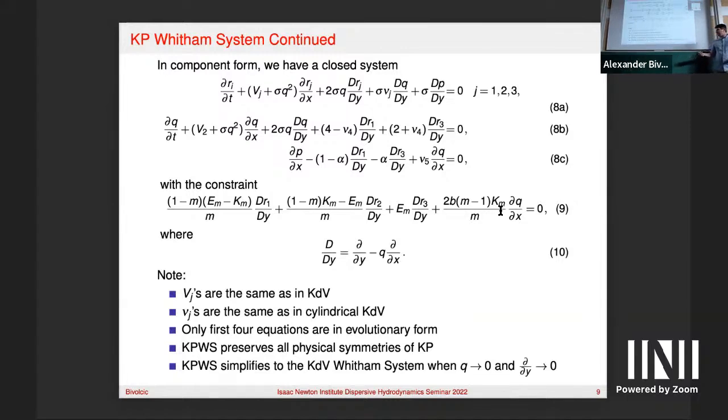It's also worth noting the KP-Whitham system preserves all the physical symmetries of KP, and the KP-Whitham system does simplify down to the KDV-Whitham system, right? As long as you take Q to 0 and you drop derivatives with respect to Y, right? And then that simplifies immensely.